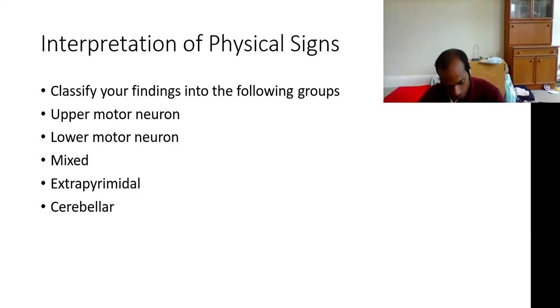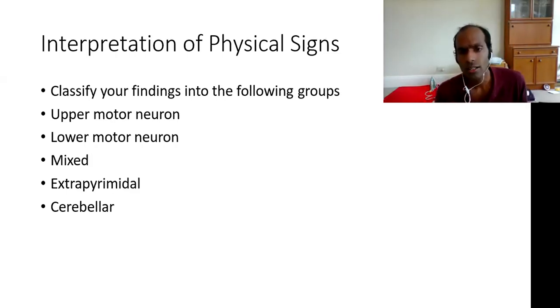If you get paraparesis, upper motor neuron, where is the lesion? Very likely the lesion is in the spinal cord.